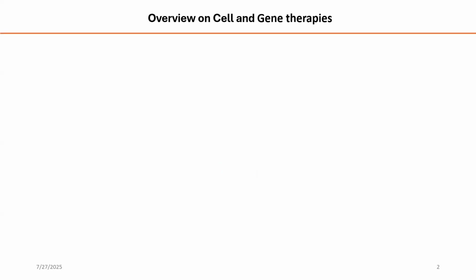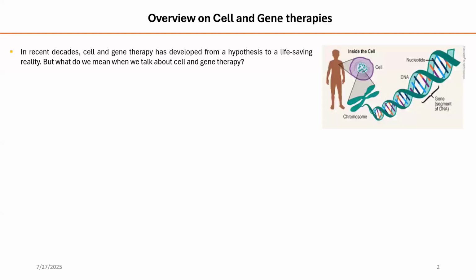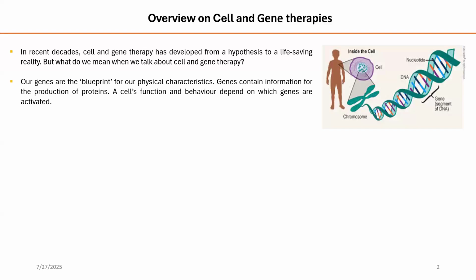So let's go into the overview of cell and gene therapy. In the rapidly expanding era of biomedical research and increasing genetic disorders, cell and gene therapy has developed from a hypothesis to a life-saving reality. So what do we mean when we talk about cell and gene therapy? We are well aware of this picture. Our genes are the blueprint of our physical characteristics.